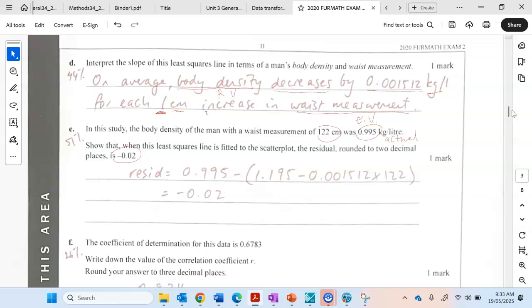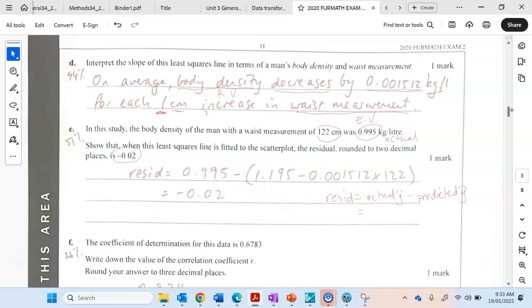So your residual, and this should be in your bound book, is your actual y minus your predicted y. All right, so our actual y was given to us. All right, it is 0.995. All right, so y being body density.